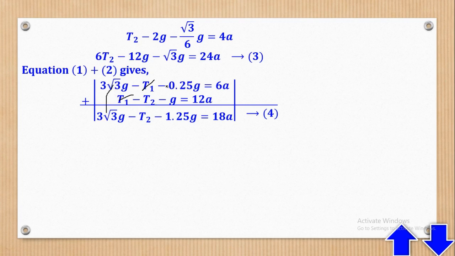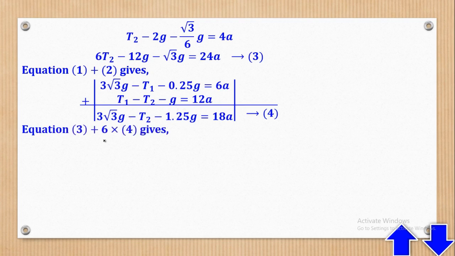Then negative 0.25g plus negative g will give me negative 1.25g. Then this negative T2 will give me this negative T2 here. Then this 6a plus 12a will give me 18a here. So I'll call that equation 4.